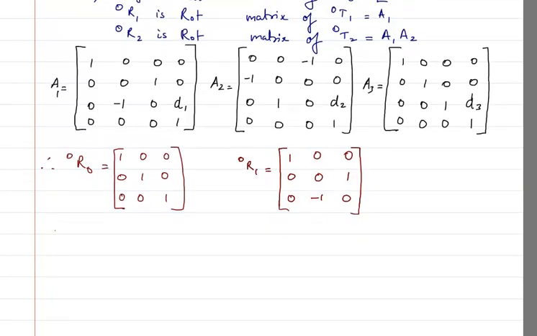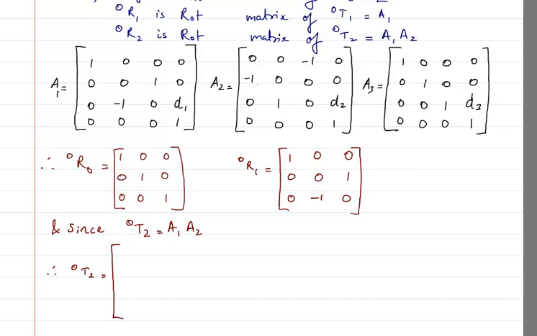Since 0T2 is a1 into a2, I will multiply and get the answer.